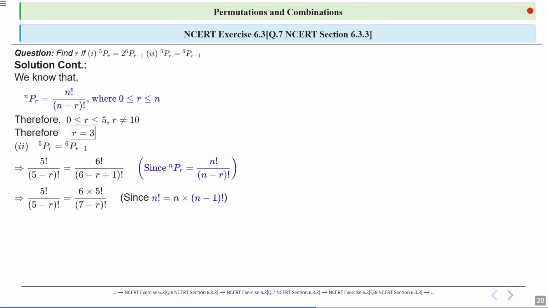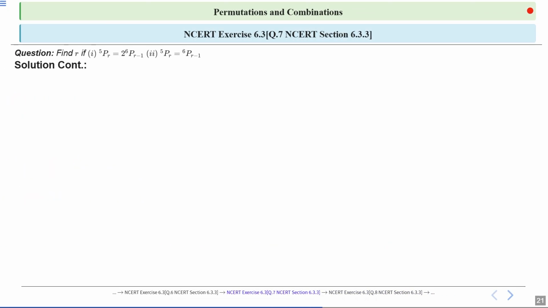Since n factorial is equal to n times n minus 1 factorial, it implies 5 factorial upon 5 minus r factorial is equal to 6 times 5 factorial upon 7 minus r factorial. It implies 5 factorial upon 5 minus r factorial is equal to 6 into 5 factorial upon 7 minus r into 6 minus r into 5 minus r factorial.